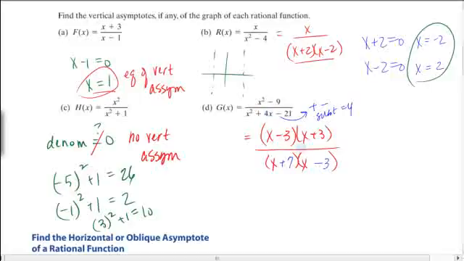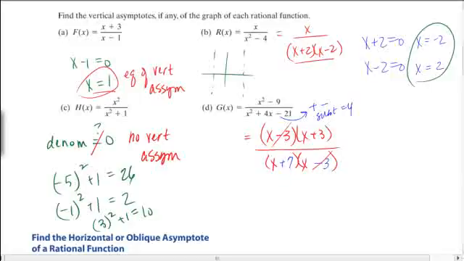Now that I have the numerator and the denominator factored, I want to see about canceling any factors out. Well, I have an x minus 3 down here and an x minus 3 up there. So I have reduced my rational function to be x plus 3 over x plus 7.